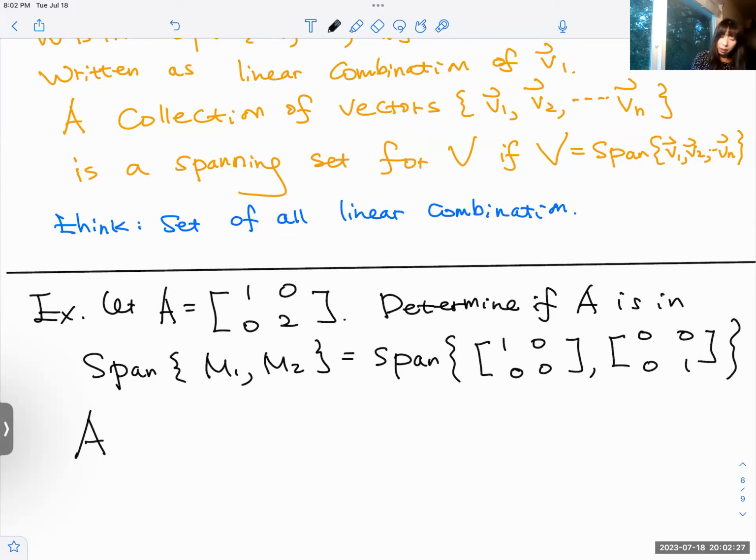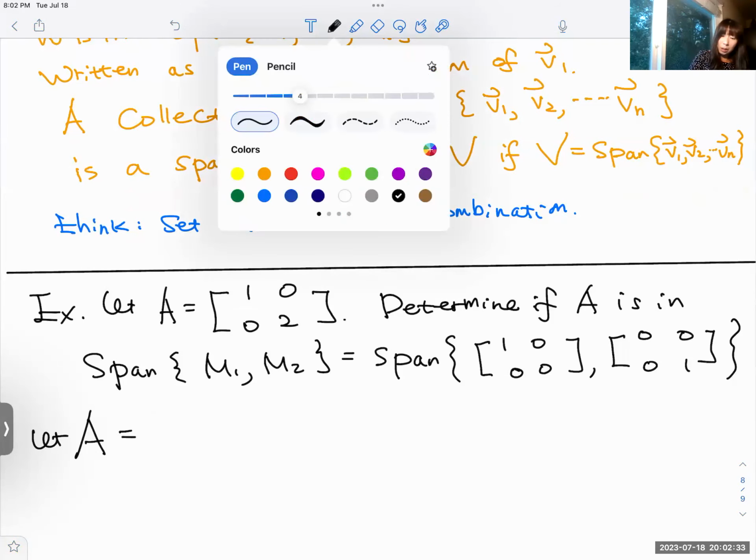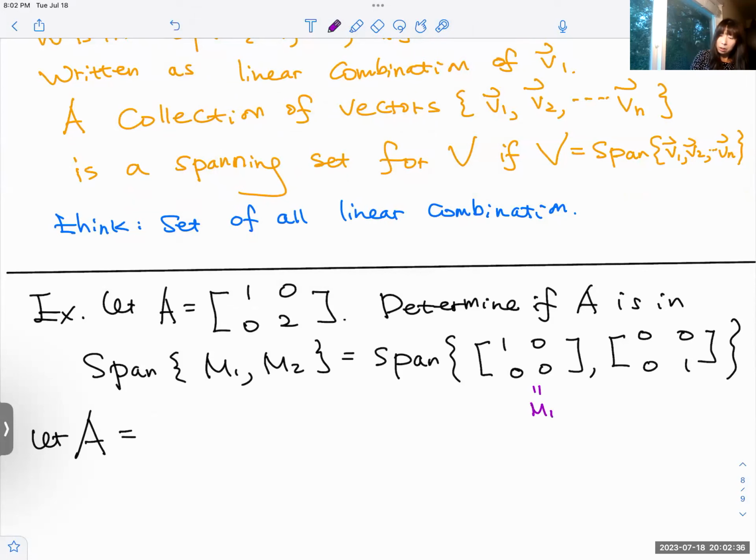So let A equal to, since this is M1 and this is M2, so linear combination is the sum of scalar multiplications. So we can express it as a M1 plus b M2, right? So a is a real number, also b is a real number, right?